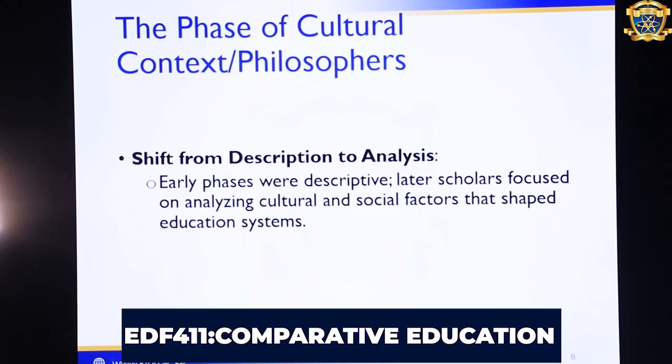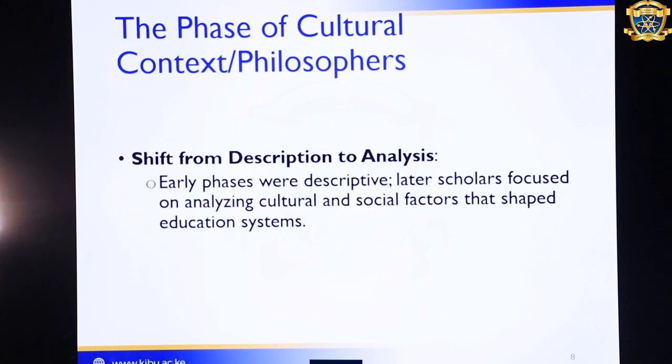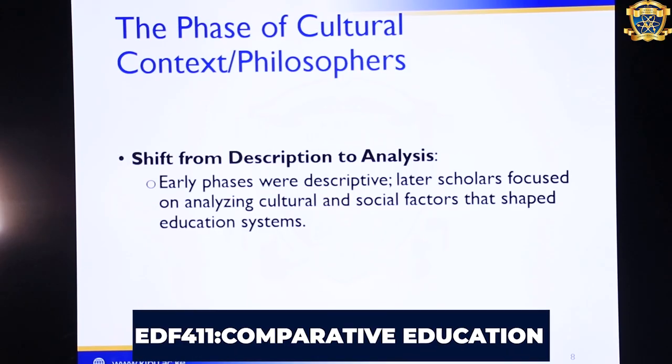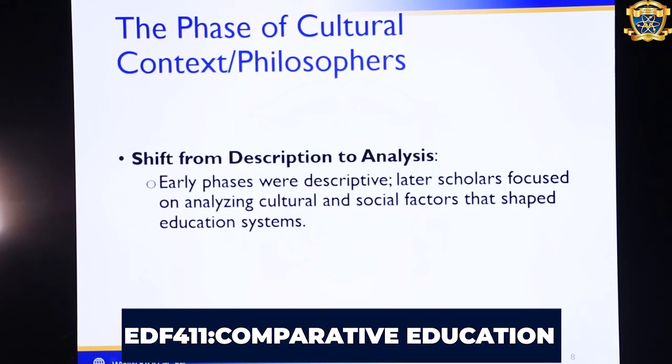Instead of just saying, this is how schools in country X look, scholars now try to interpret and explain those differences. In short, this phase helps comparative education grow into an intellectual discipline that recognized education as a product of culture, as a product of philosophy, and not just a set of classroom practices.